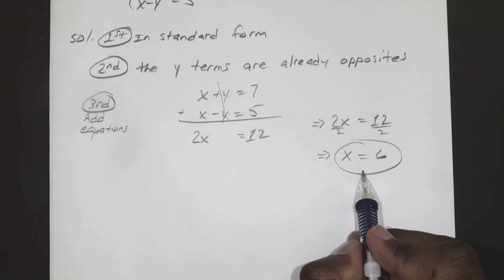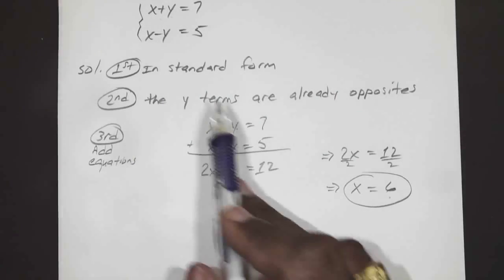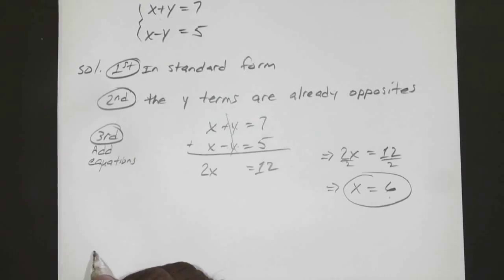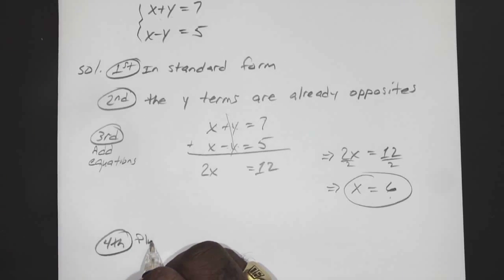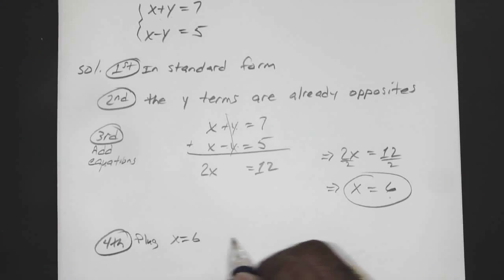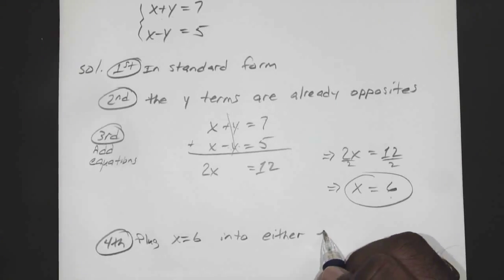Now, once you have one of them, you just pick either one of your equations and plug that x into it and solve for y. Plug x equals 6 into either equation.